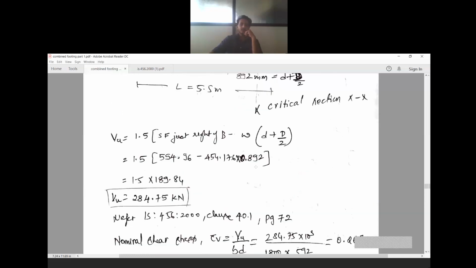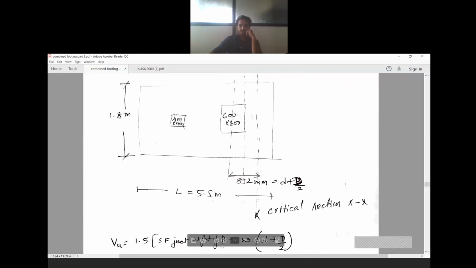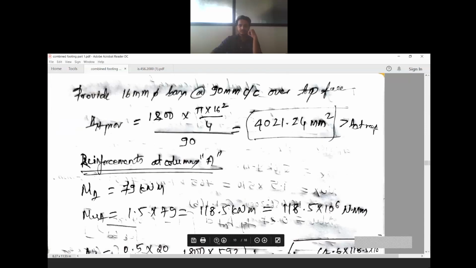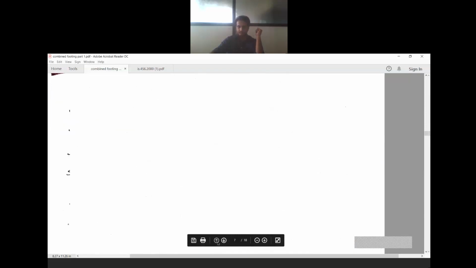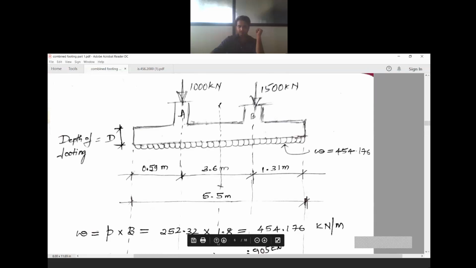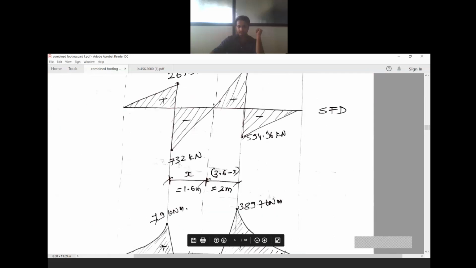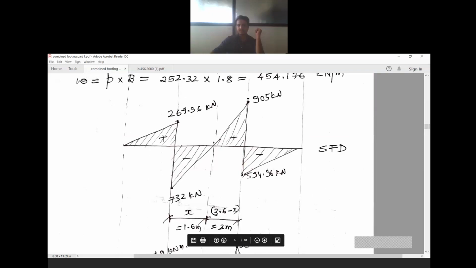As we all know, we have upward intensity 454.176 acting over 0.892. Observe this shear force diagram.